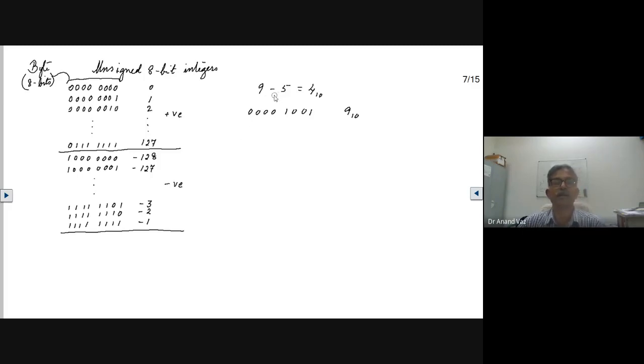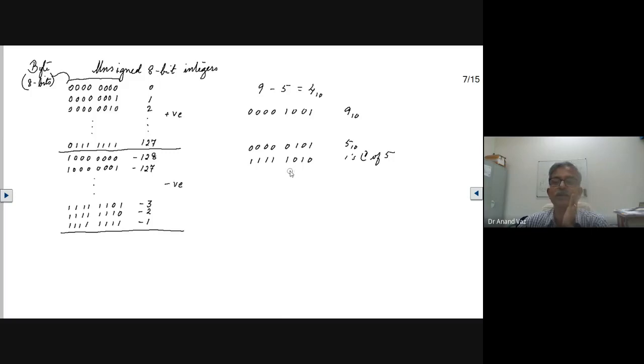And you will have to determine minus 5. How do you determine minus 5? You first write down 5. 5 is 0, 0, 0, 0, 0, 1, 0, 1. You determine the ones complement: wherever there is a 0, you make it 1, and wherever there is a 1, you make it 0. 1, 1, 1, 1, 1, 0, 1, 0. This is the ones complement of 5.